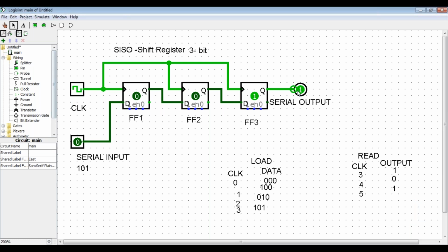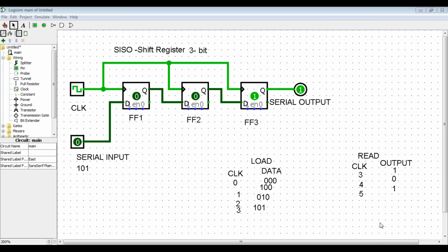So if you want to read your data, you need 2 more clock pulses. The LSB comes at the third clock pulse, and to read the remaining middle value and MSB, you need to apply 2 more clock pulses, that is clock 4 and clock 5. So this is the concept of serial in, serial out.